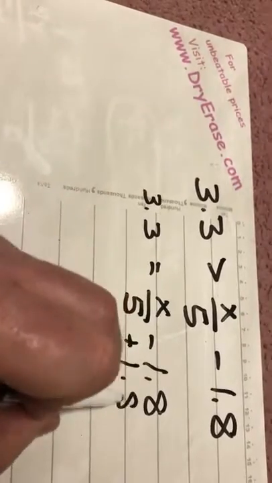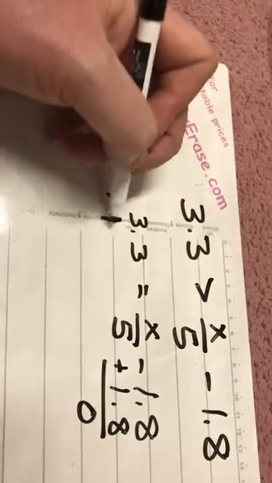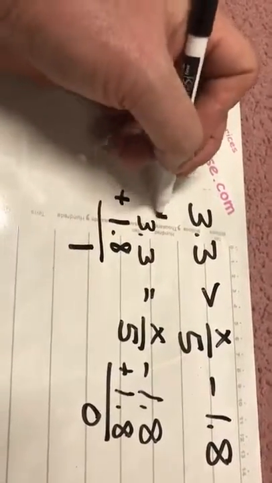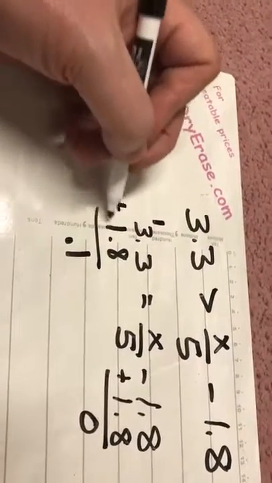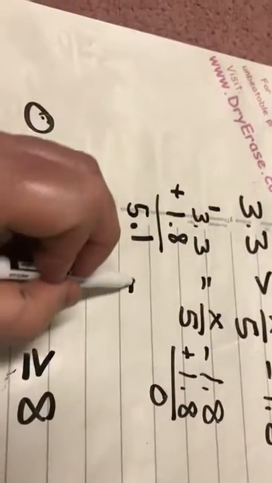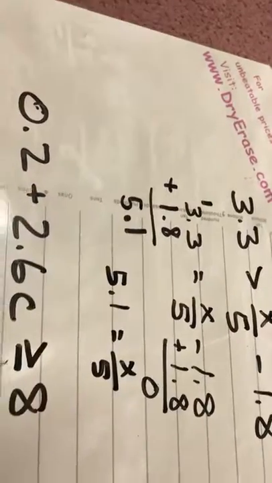It's negative 1.8, so I'm going to add 1.8 to both sides. That's going to be 0. I'm going to come over here and add 1.8. 3 plus 8 is 11. Put the 1 down, carry the 1, drop my decimal straight down. 1 plus 3 is 4, plus 1 is 5. I get 5.1. So I end up with 5.1 is equal to x over 5.